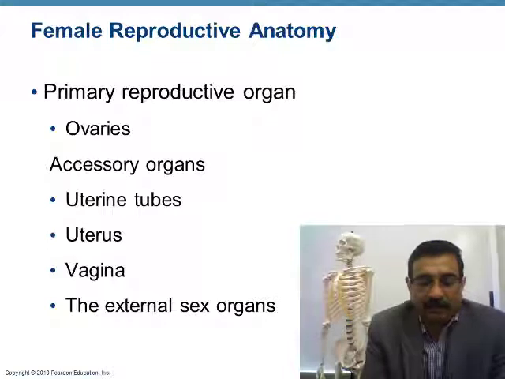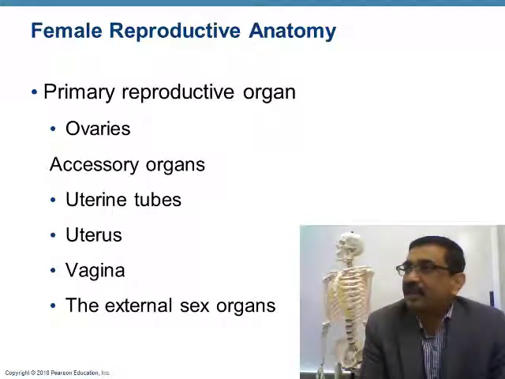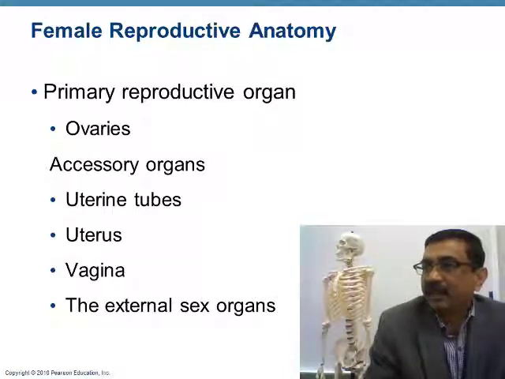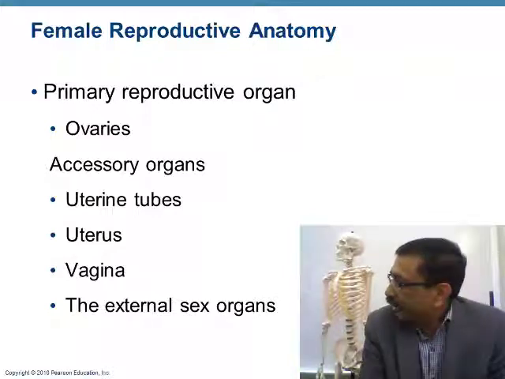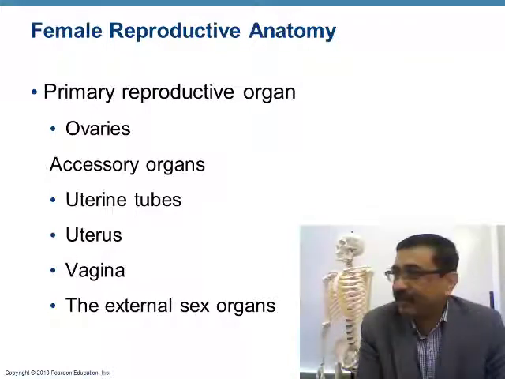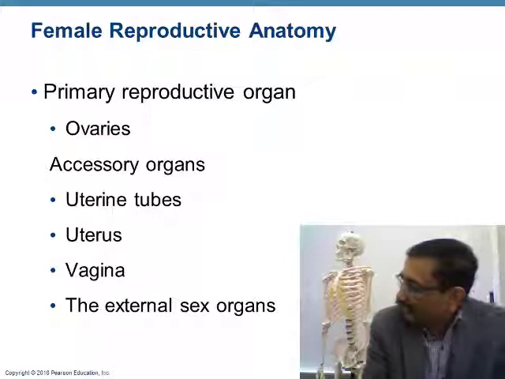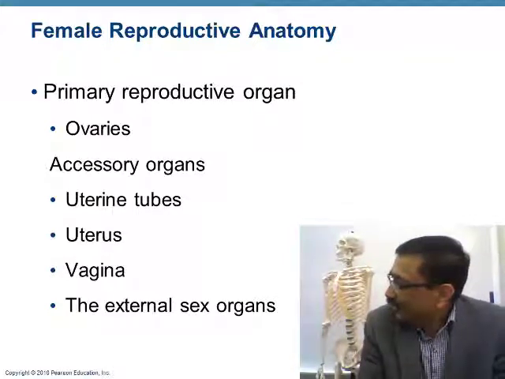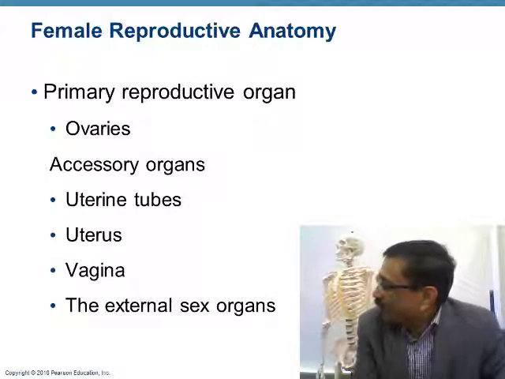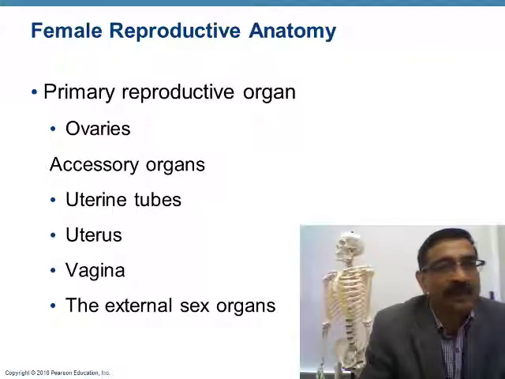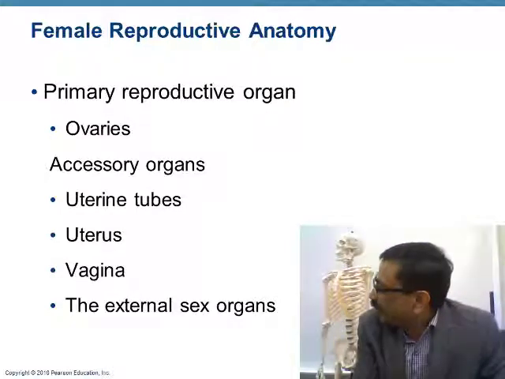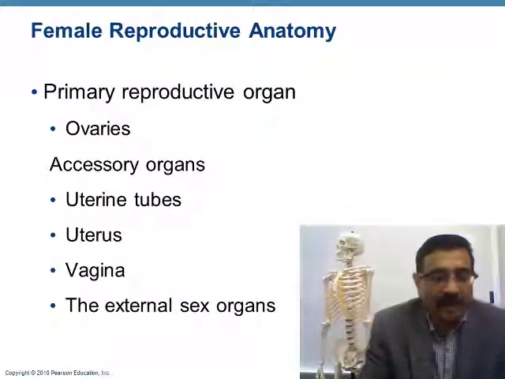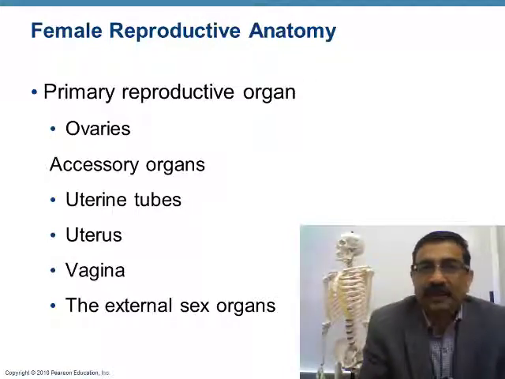Here you see those structures or organs in the picture. We are looking at one half. This is the sagittal section. So you see half of the uterus. You see the uterine tube. You see the white organ here, which is the ovary.